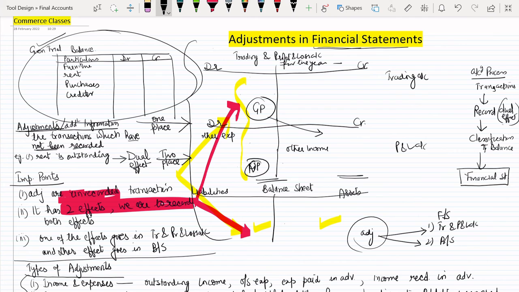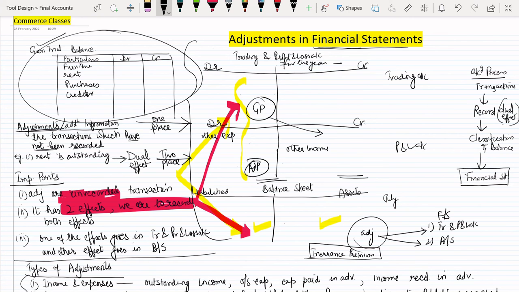Suppose you have taken an insurance policy. In case of insurance policies, we are to pay insurance premium in advance. When we take up the policy, it is not necessary that we take it right at the beginning of the year. Maybe in the month of July you thought that now we must get our stock or our building insured.